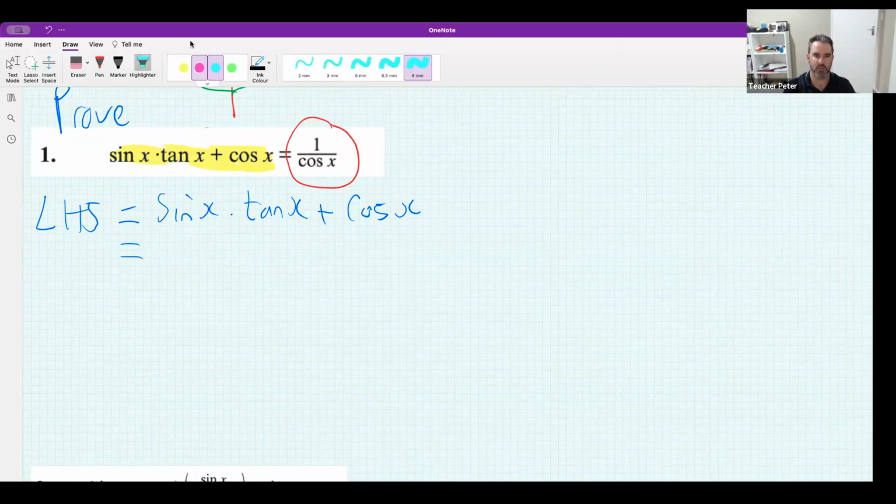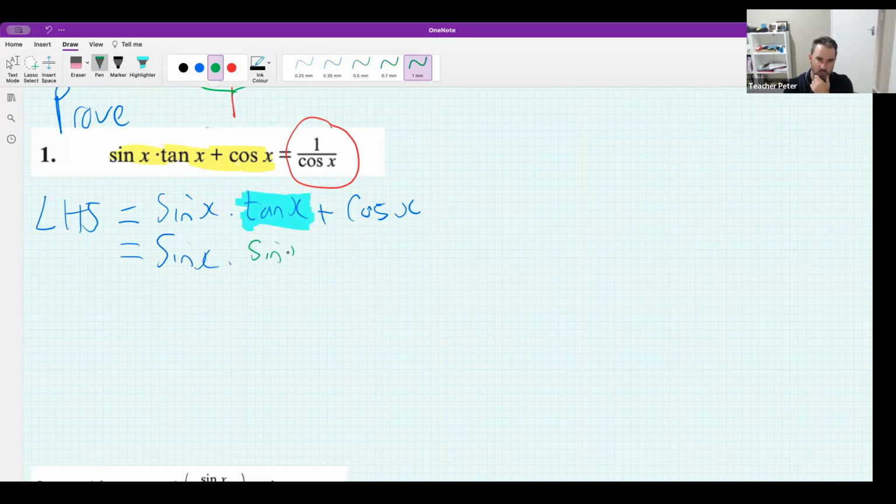Where's your attention being drawn to? Yeah, my attention is also being drawn to the tan x. And so I think we should replace the tan x with sin x over cos x.